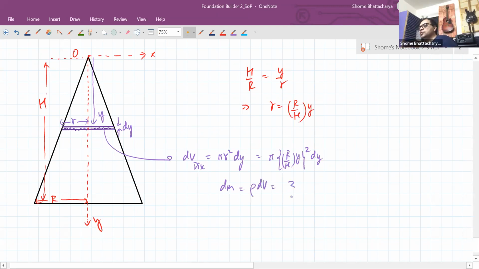So density was 3m upon pi capital R square H, into the volume, which is now this quantity.